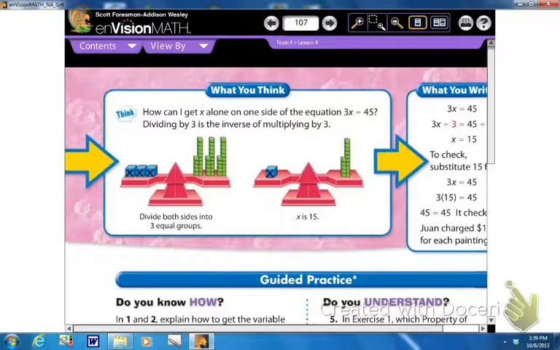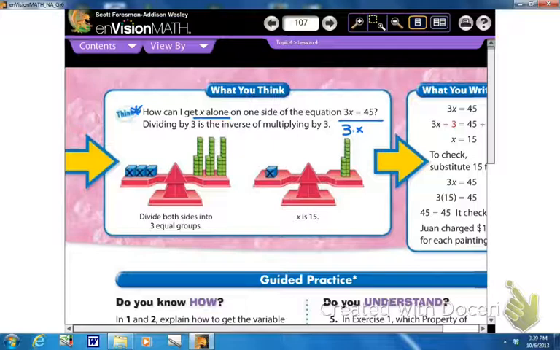Okay, again, just like in any equation, your question is, how can I get x alone on one side of the equation? So we have 3x equals 45. Well, we know 3x means 3 times x. So, as in the past, we want to do the inverse operation or the opposite operation of multiplying, which would cancel out that multiplying.